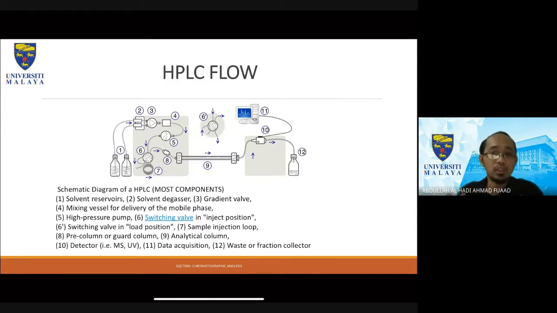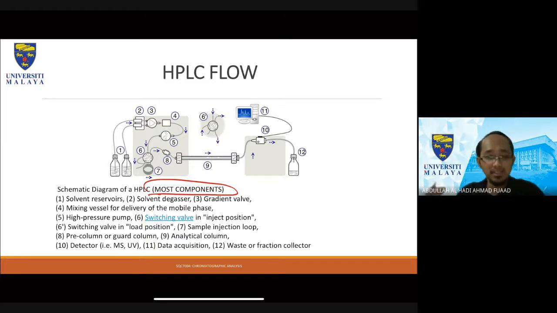If you search for HPLC components, one of the images that you can find is this. From here, they listed out a lot of components. And yes, it's true, there are a lot of components. Even if we are talking about a specific component, for example, the pump itself, there are multiple components inside there.